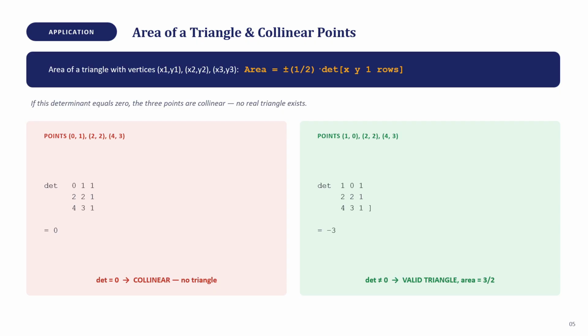If this determinant equals 0, the three points are collinear and no triangle exists. What it means is that if this is 0, then the points cannot form a triangle. Let's try, since my points are 0, 1, 2, 2, and 3.